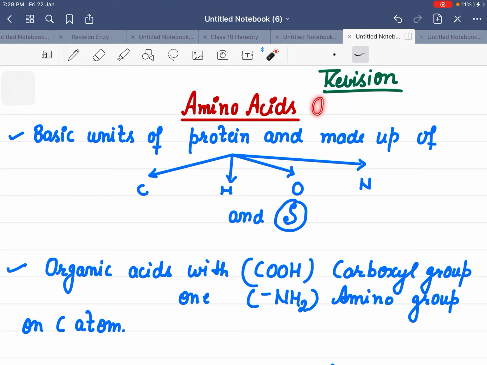First, they are organic molecules, made up of carbon, hydrogen, oxygen, and nitrogen. A few of them also have sulfur; we call them sulfur containing amino acids. They are the basic units of protein.